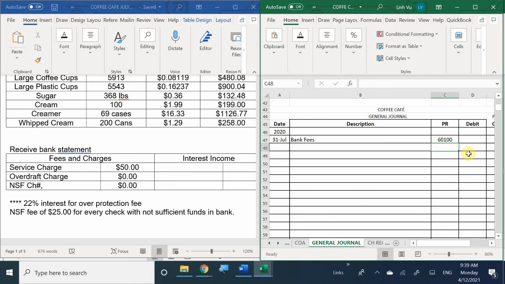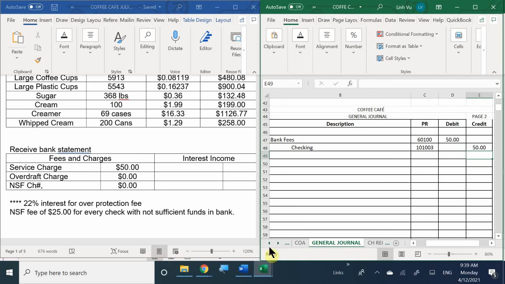And where does this come directly out from? Checking. Yes, and it's going to be automatic, right? Just because they send you a bill, they're automatically going to take it right out from your bank account. So checking 10100 for a total of $50.